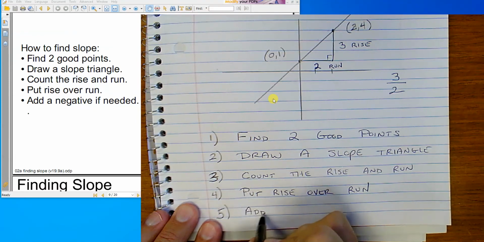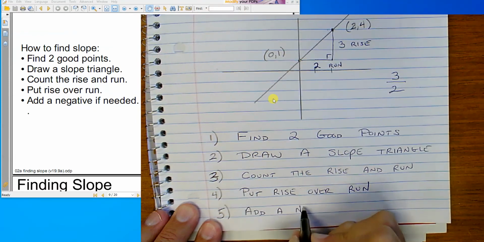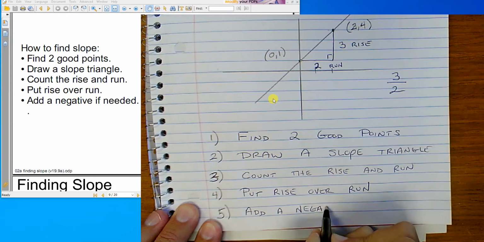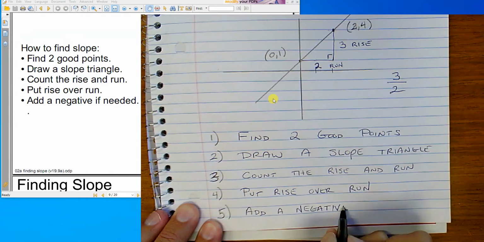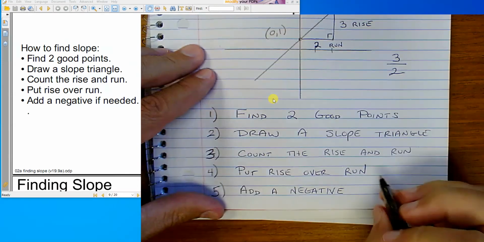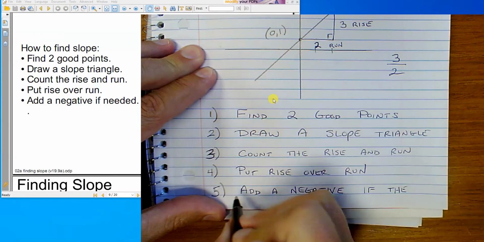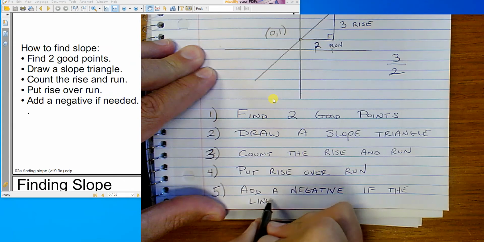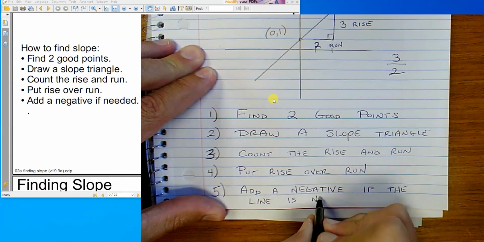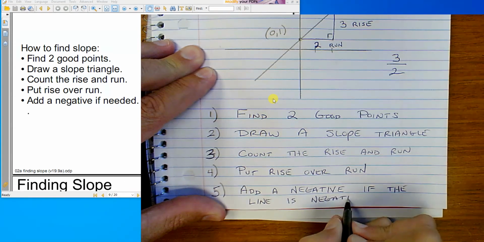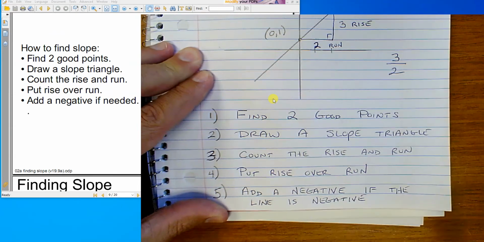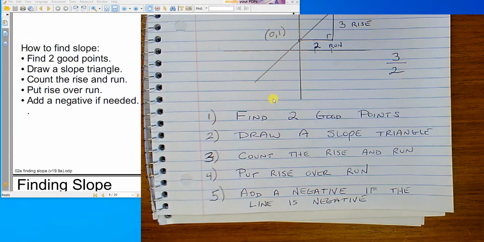Add a negative if the line is negative. And that's how I find the slope.